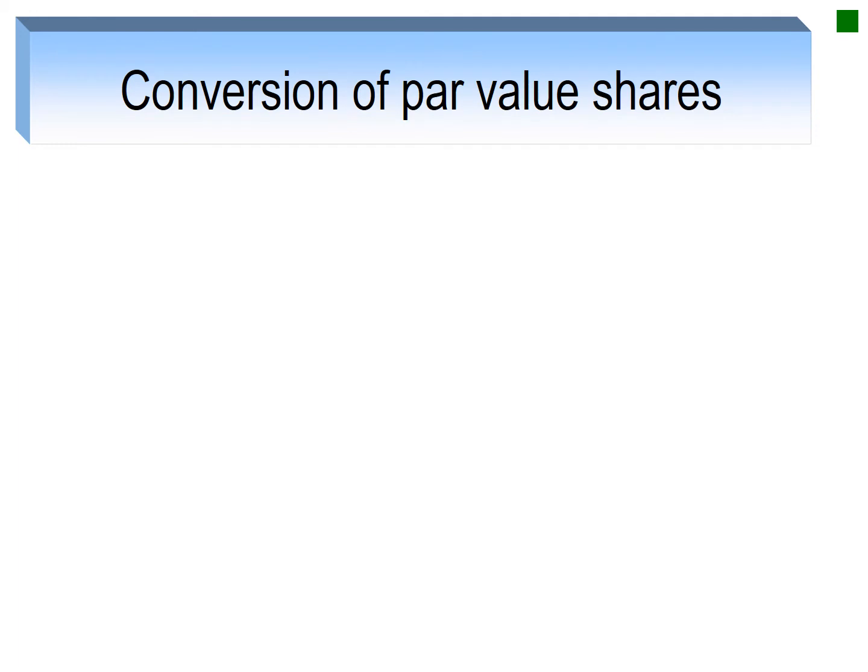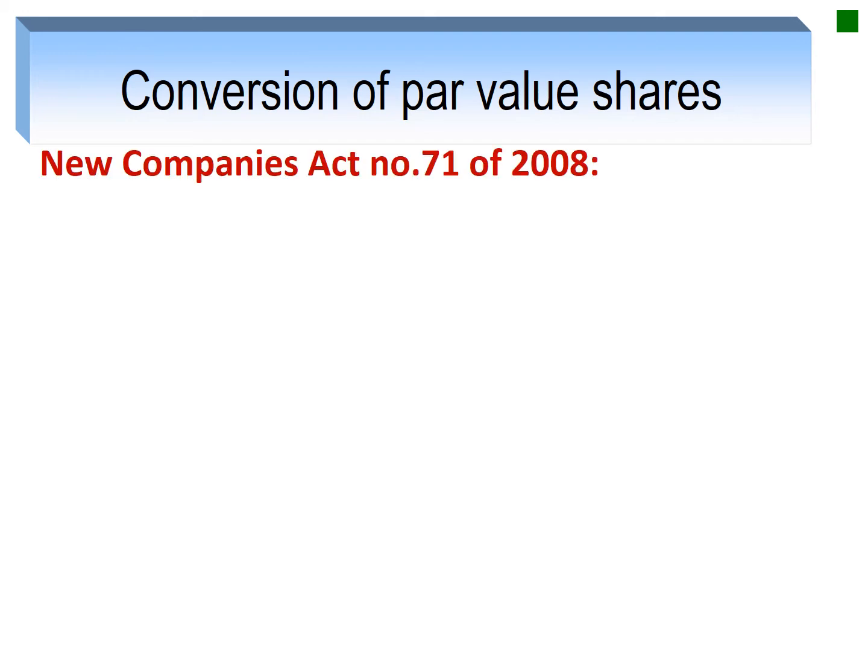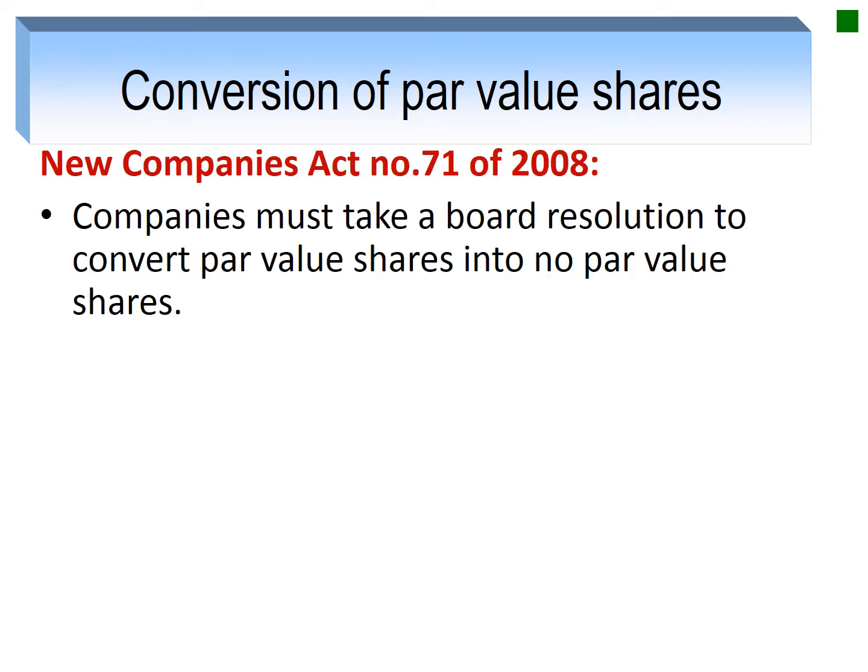So now we're going to talk about how we actually convert par value shares. So what's going to happen in practice is that because we have the new Companies Act and all new shares that get authorized for companies have to have no par value, companies that had par value shares can take a decision to convert those par value shares into no par value shares.